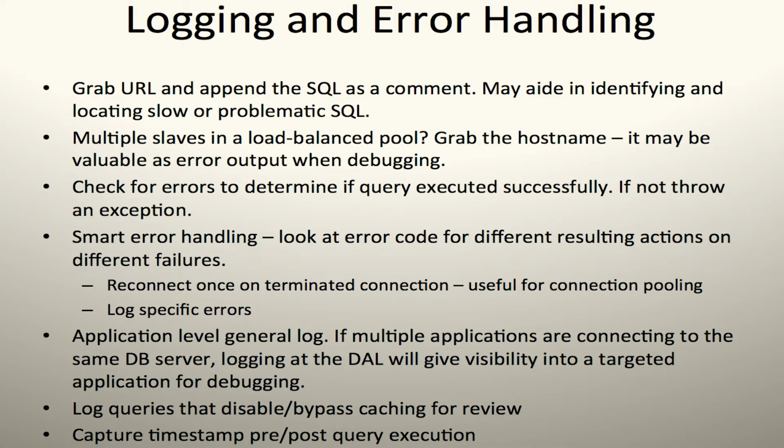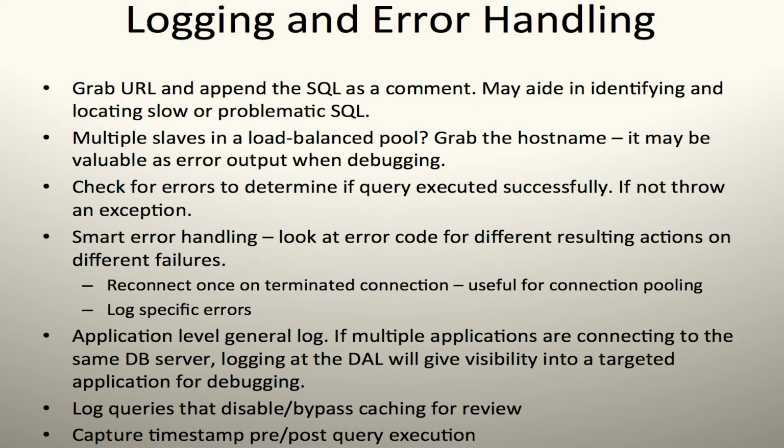A couple of other things would also be valuable in an abstraction layer. I've done this before where before and after your query execution, you grab a timestamp, including microtime. Where this becomes valuable is if you're going to throw an exception based on an error that happened, knowing exactly how long that query took to execute may become extremely valuable. All that would do is, you have your query method.